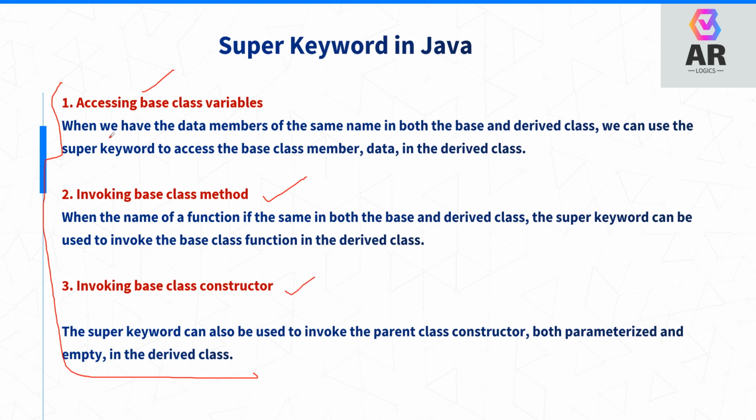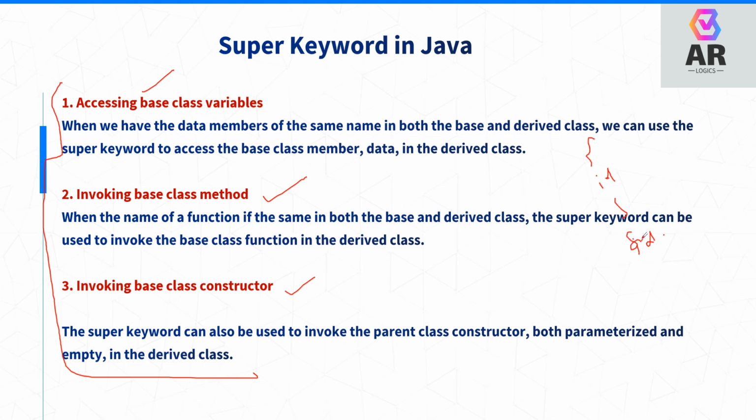When you have data members with the same name in both the base and derived class, suppose ID is in the base class and the same ID in the child class, we can use the super keyword to access the base class member.